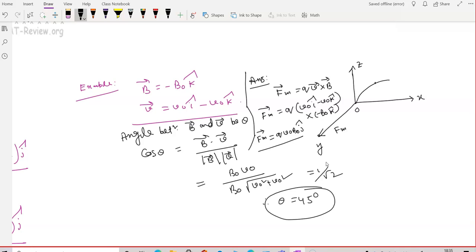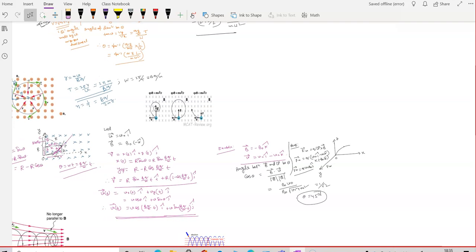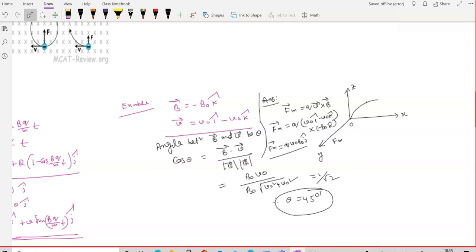So the way we did in the previous problem, the same thing will be there also. I just draw a similar diagram over there so that your understanding will be better, because we have calculated based on this.